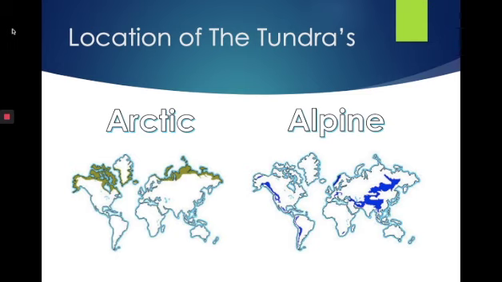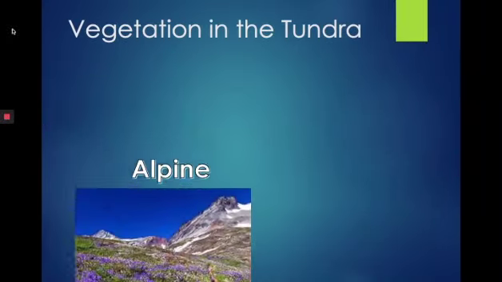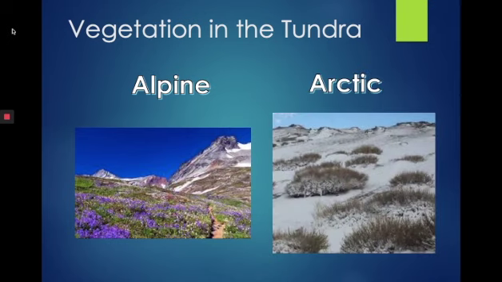So let's take a look at some of the vegetation we might find within these two types of tundras. Here we have the alpine tundra and the Arctic tundra. What differences do you notice about the types of vegetation? The alpine plants grow at high elevation.